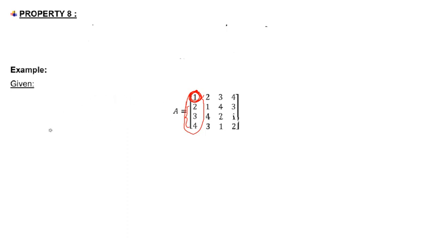So first, the determinant of A is equal to.